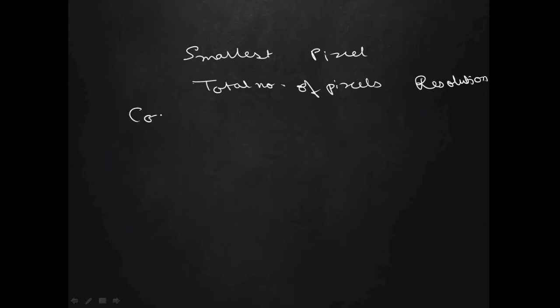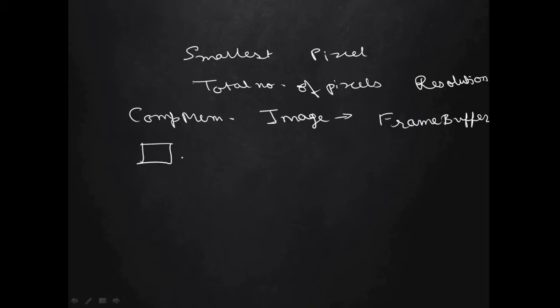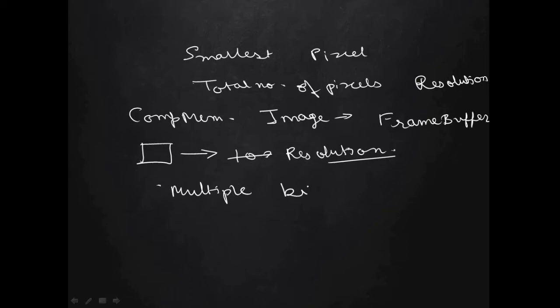The portion of the computer memory where the image is stored is called the frame buffer, and we can store the image in bitmaps in computer memory, which will depend on the resolution of the screen. And we can have different colors with multiple bitmaps.